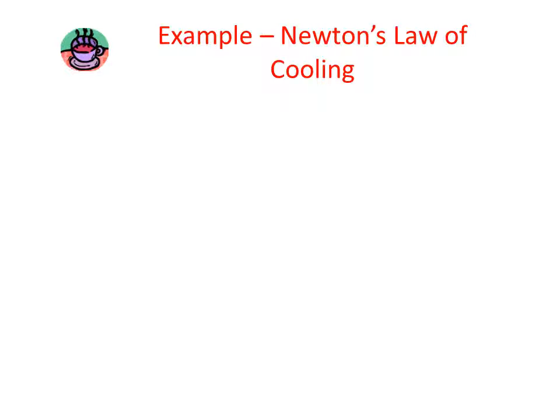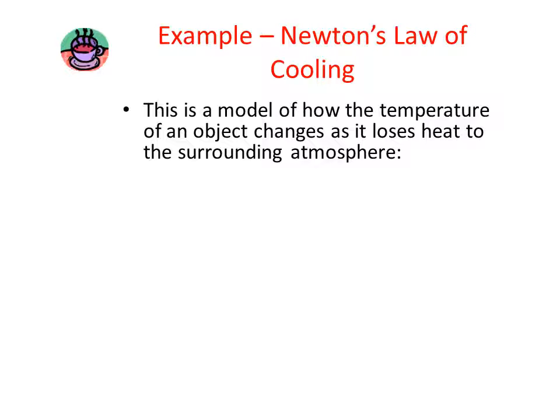Now, for example, Newton's law of cooling. This is a model of how the temperature of an object changes as it loses heat to the surrounding atmosphere. The temperature of the object is denoted by capital T obj. Room temperature is denoted by capital T room.